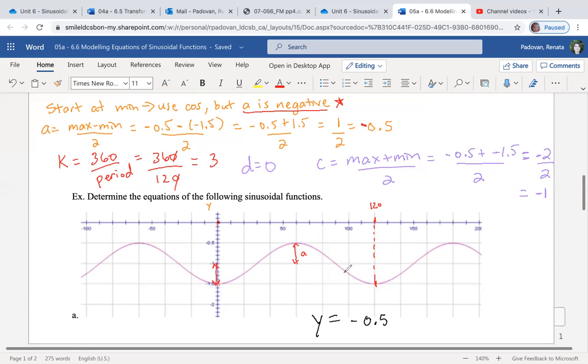So negative 0.5, and then we're using the cos curve. And then we put a bracket, and then we put our K value, which is 3. So 3, again, we don't know, we're going to call this x, so 3x, but because I don't have a d value, I can close my bracket and then subtract 1.